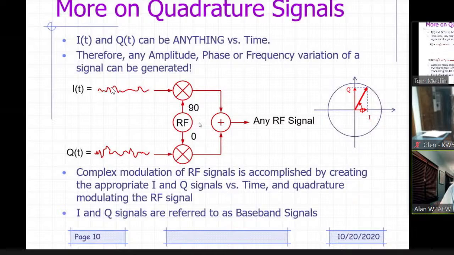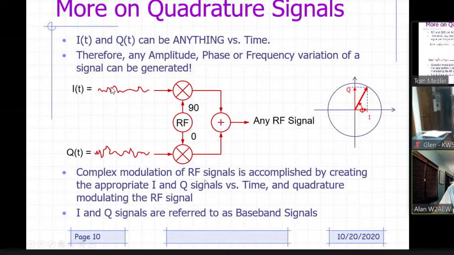And by doing that, any amplitude, phase, or even frequency variation of an RF signal can be represented by an appropriate waveform on I and Q. As long as you apply the right combination of I and Q over time, we can create any kind of RF signal. Amplitude modulation, phase modulation, frequency modulation, single sideband, any type of RF signal modulation can be created by an appropriate generation of the I and Q to begin with.